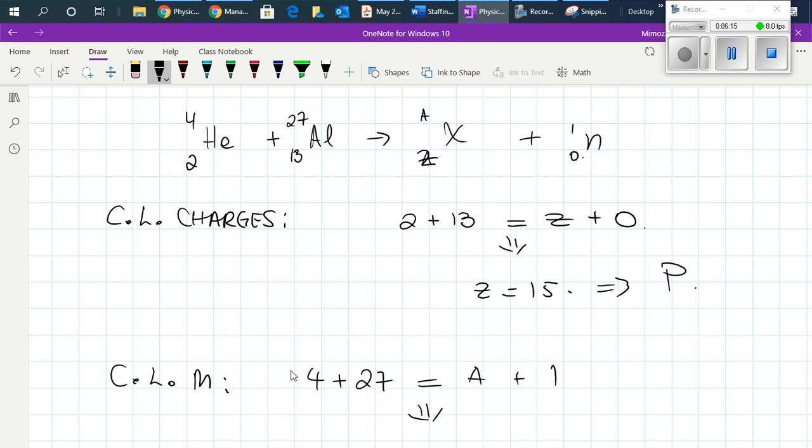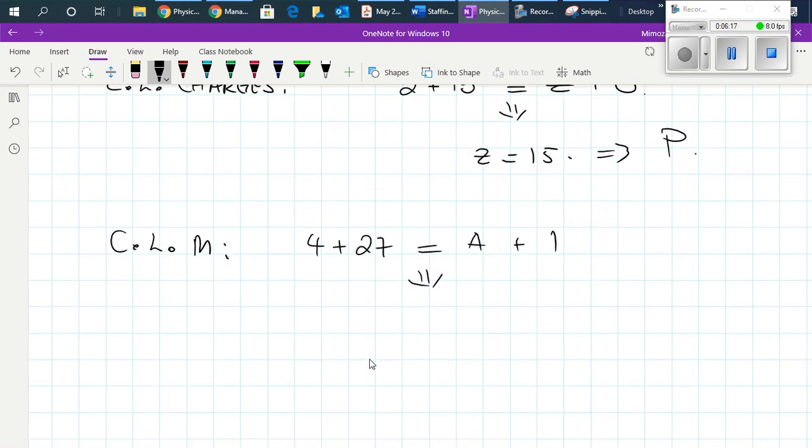And from here, we find that A is equal to 30. So what we have is phosphorus, 15, 30, which is the same as saying phosphorus-30. So in both cases it is the same thing.